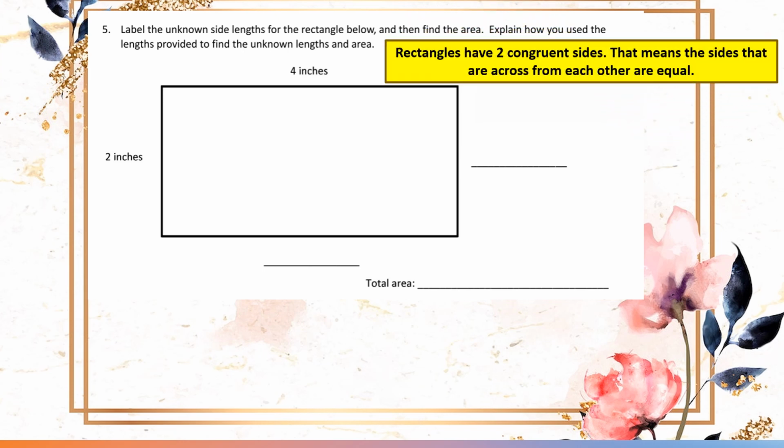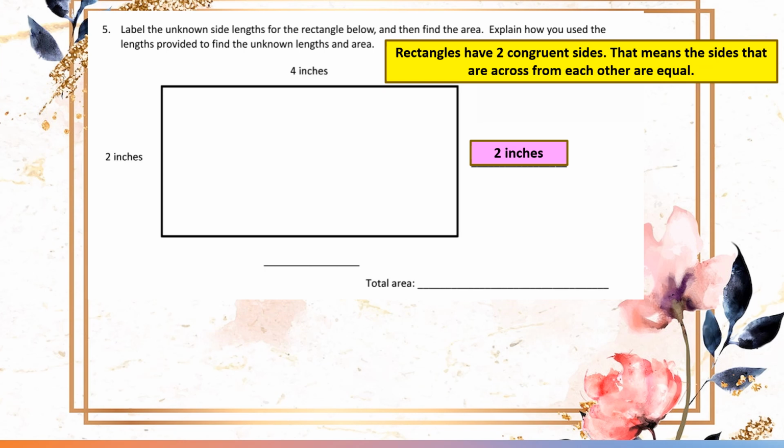Okay, now let's talk about rectangles. They have two congruent sides. That means that the sides that are across from each other are equal. So if the long side is 2 inches on one side, then on the other side, it also has to be 2 inches.